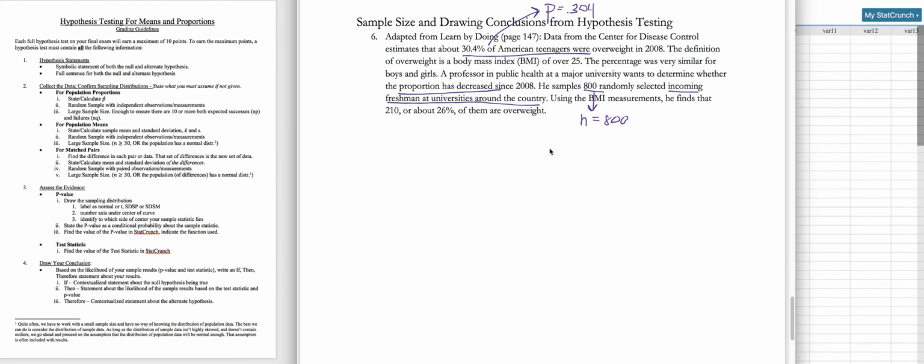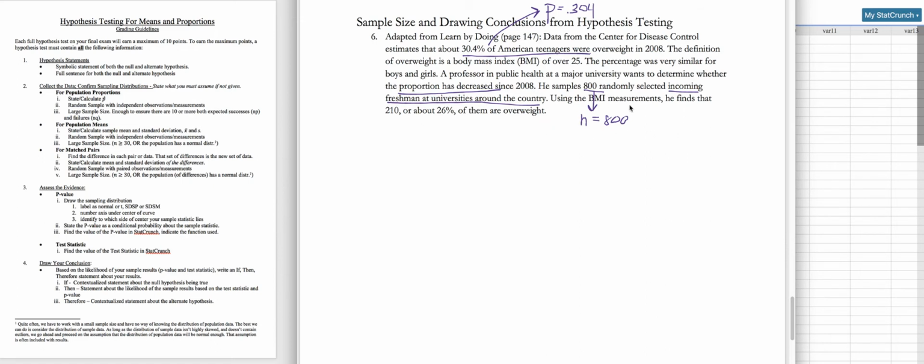So that's the first thing we need to be very careful of in this question, is that we're only writing hypothesis statements and drawing conclusions about incoming freshmen at universities, because regardless of what this professor wanted to do, incoming freshmen is the population from which this sample has been drawn. So we can only talk about that population.